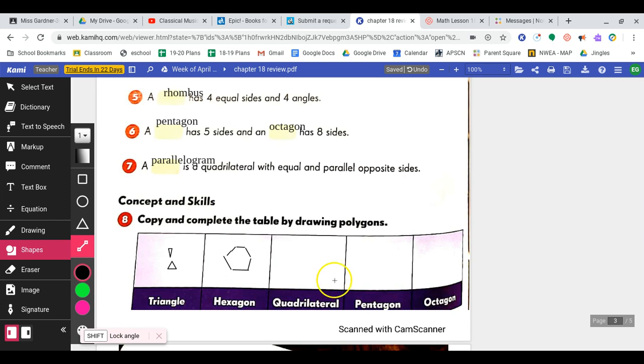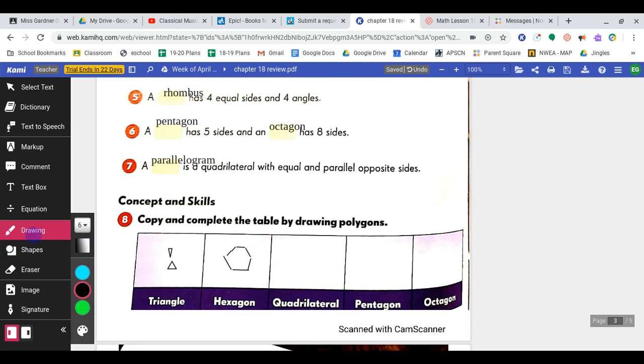It should have 6 sides, and I'm going to do the rest just by drawing with my finger. It should look something like this. Oops. Let me draw it down here. 6 sides. Okay, quadrilateral should look something like this.